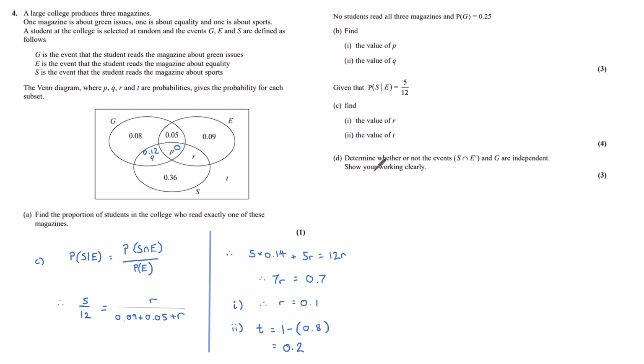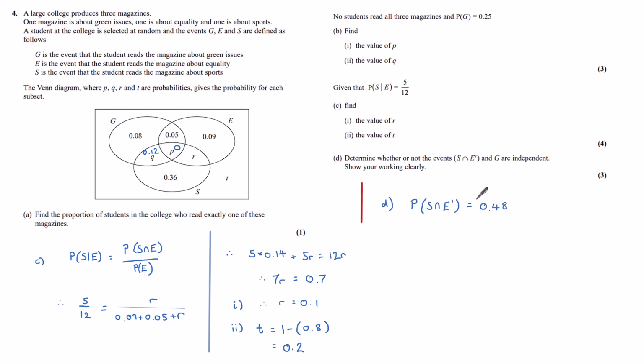Part D, determine whether or not the events S and not E and G are independent. Show your working clearly. So if 2 events are independent, then the probability of them happening together is equal to the probability of one multiplied by the probability of the other.